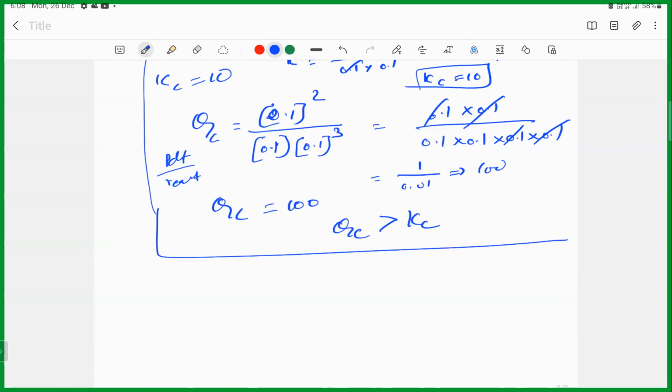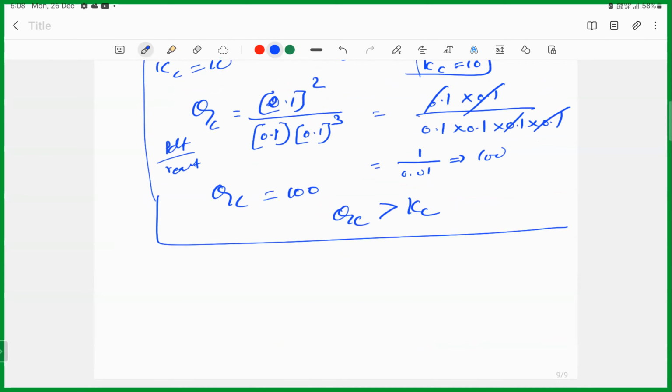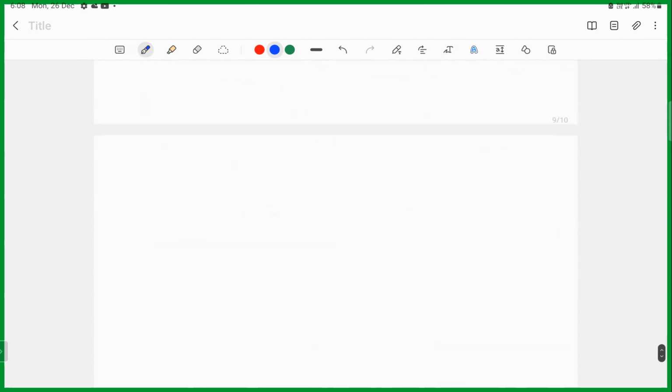So the equilibrium constant, it predicts the direction of the equilibrium and then predicts the extent of the reaction. This is how. And then one more thing, it will help us. What it will help?